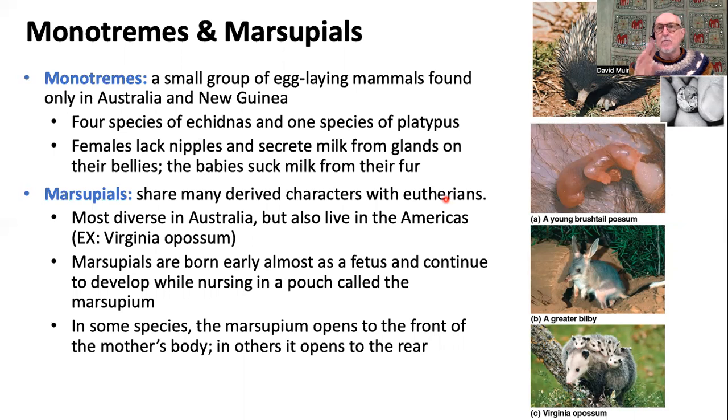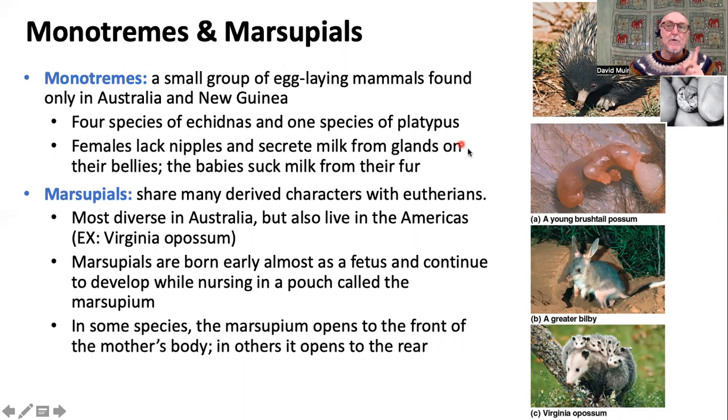The first is a group called the echidnas, and the second are the duck-billed platypus. So these are the only remains of what was probably once a common feature of the primitive mammals, that they continue to lay eggs. They now occur only in Australia, New Guinea, and those areas.